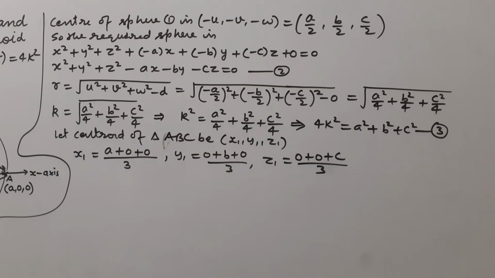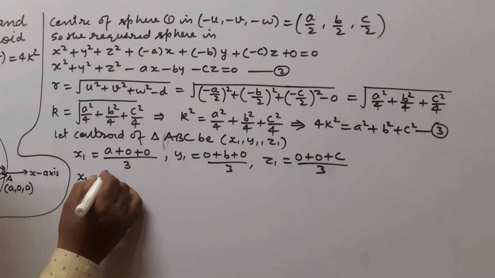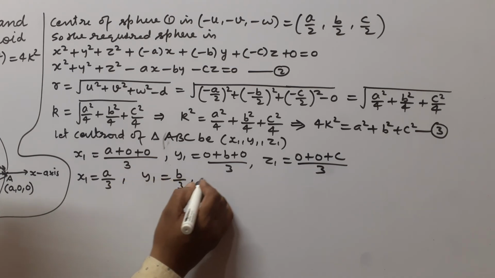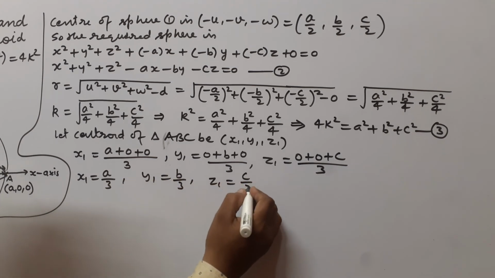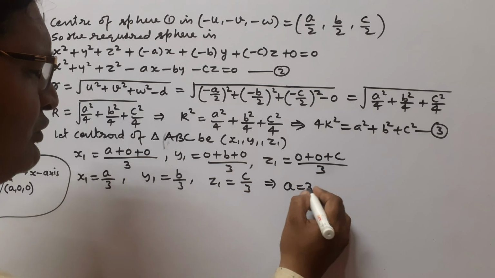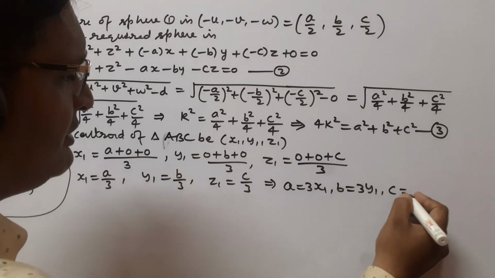So from that formula we find the centroid of the triangle ABC. So from here we can see that x1 is equal to a by 3, y1 is equal to b by 3 and z1 is equal to c by 3. So from here we can see that a is equal to 3x1, b is equal to 3y1 and c is equal to 3z1.